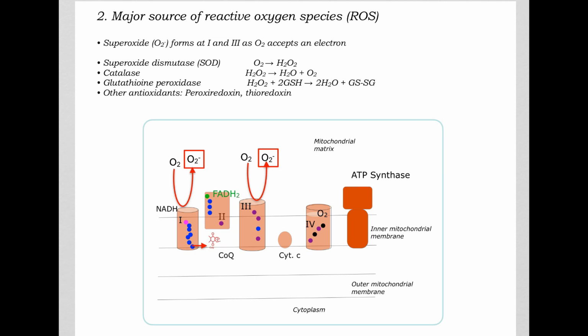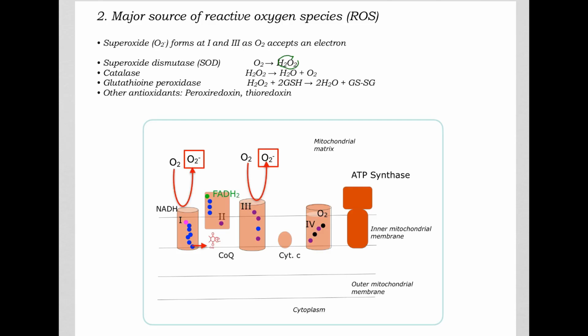When oxygen picks up these electrons from complex 1 and complex 3, then the oxygen becomes superoxide radical. Then the enzyme superoxide dismutase, or SOD, will convert these superoxides into hydrogen peroxide.